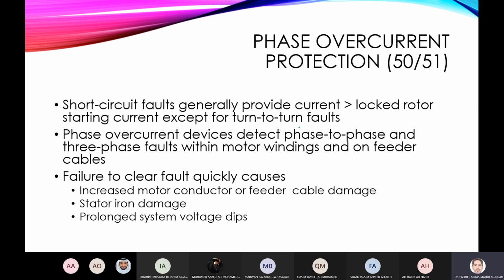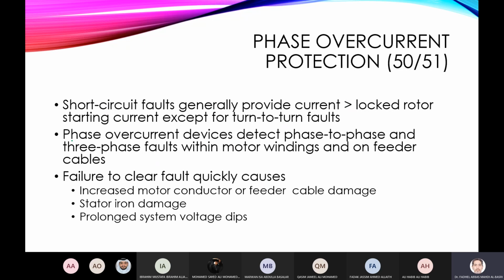Now, what are these protections? First of them is phase overcurrent protection principles. We use them to detect the short circuits. We know the short circuit, as I showed before, is normally higher than the starting locked rotor current, so we can use this to our benefit to detect short circuits from locked rotor conditions.